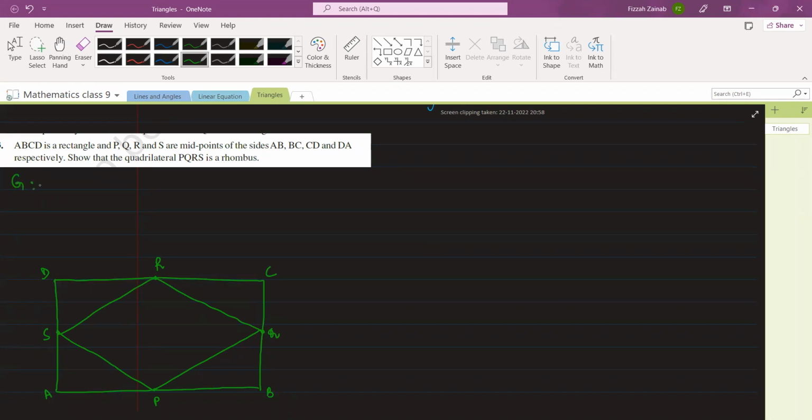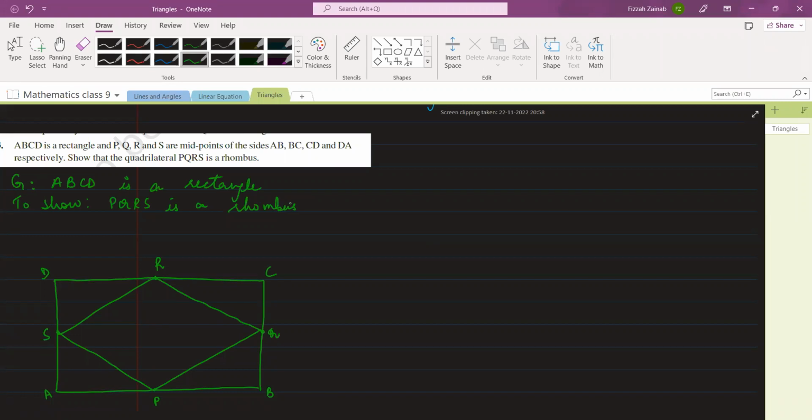So this time it is given that ABCD is a rectangle, right? And to show that PQRS is a rhombus. So rhombus means, again, the first step you have to show it's a parallelogram.